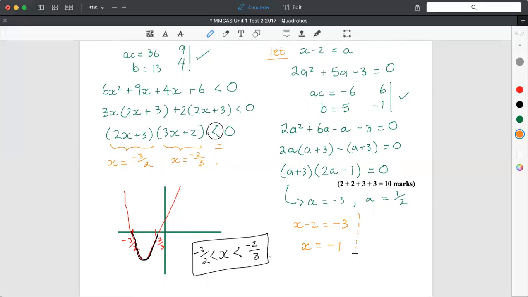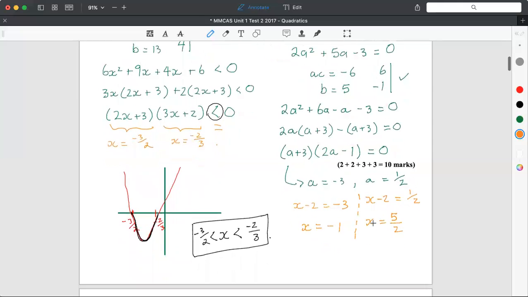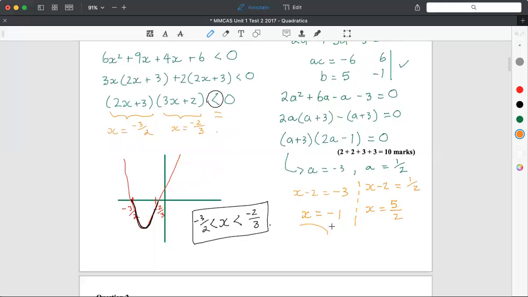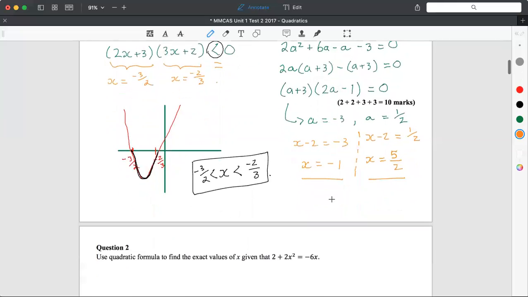And over here, x minus 2, which is just a, is equal to 1/2. If I add 2 to both sides, I get 2 plus 1/2, which is 2.5, and I know that 2.5 is half of 5, so 5 on 2. And there's our two final solutions: x equals negative 1 and x equals 5 on 2.